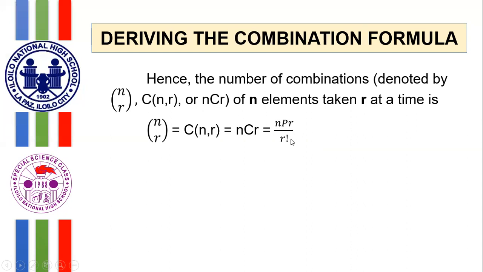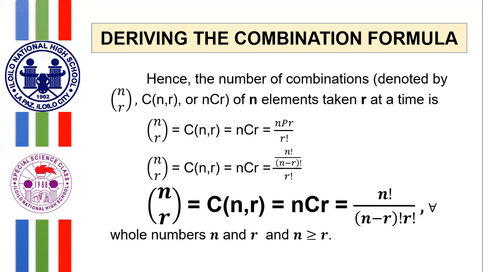We divided by R factorial because, again, the arrangement of R objects that you are taking does not matter. And with such, by substitution, we have n factorial all over n minus R quantity factorial all over R factorial. And simplifying this expression gives the combination of n elements taken R at a time as simply n factorial all over n minus R quantity factorial times R factorial.